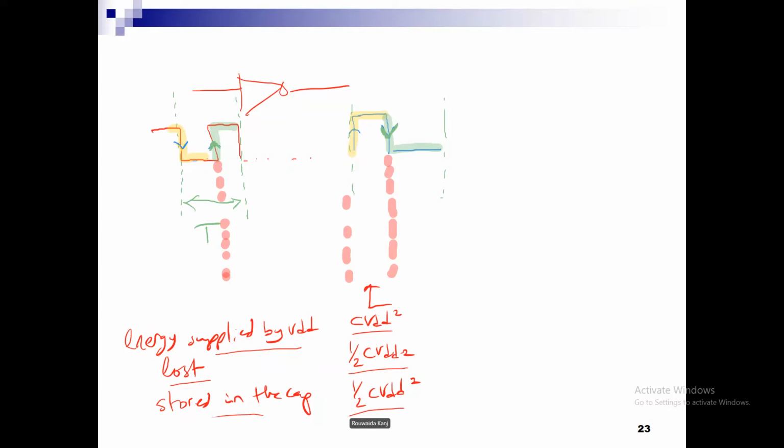Great. Now in the second half cycle, when the input rises, the output will drop. We are going to discharge the capacitor almost until where? Almost until 0, meaning VOL is very small.